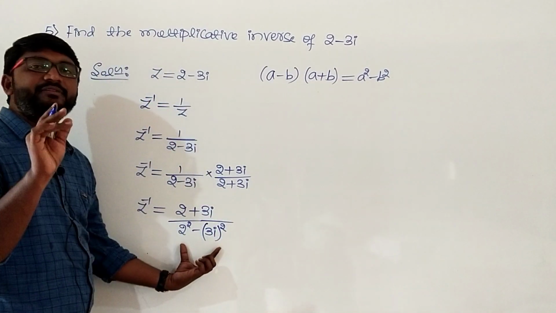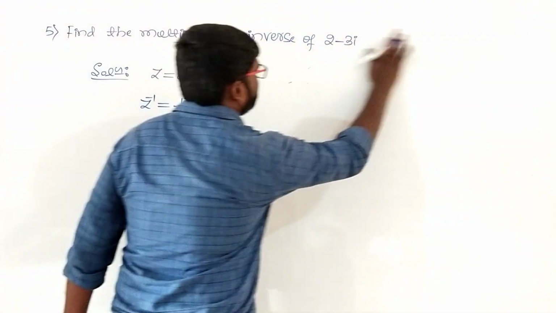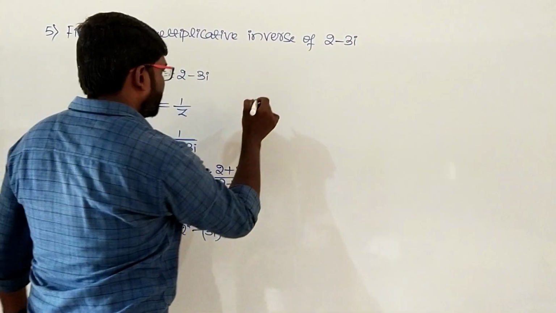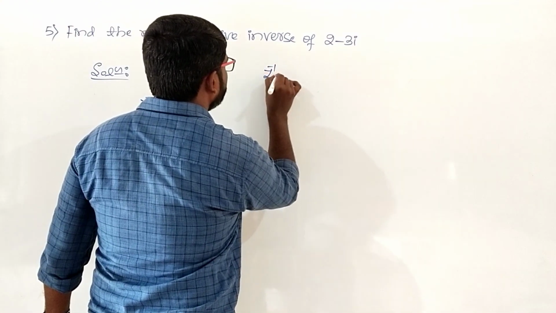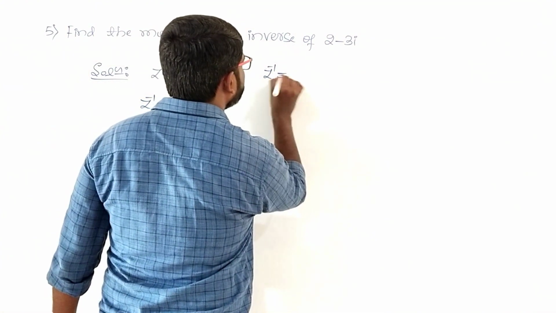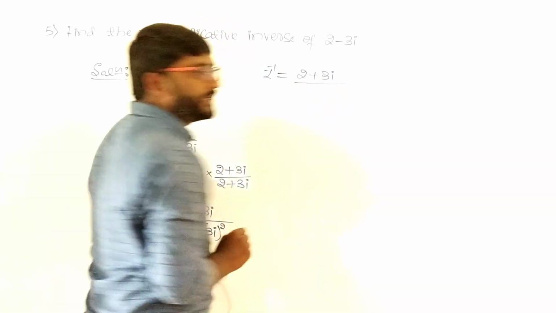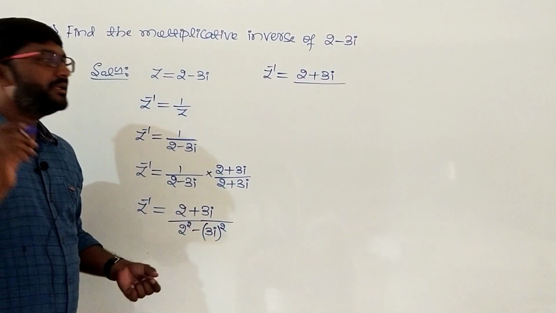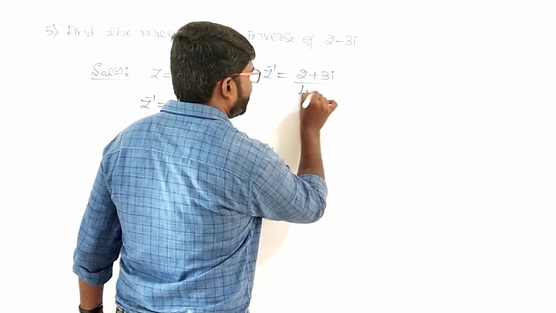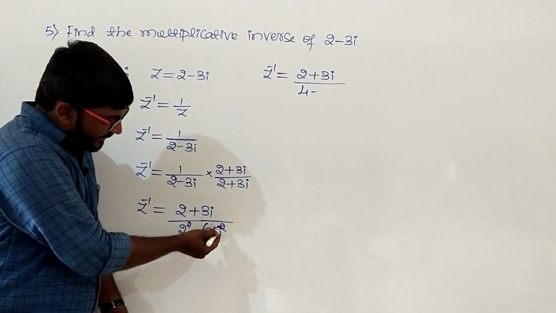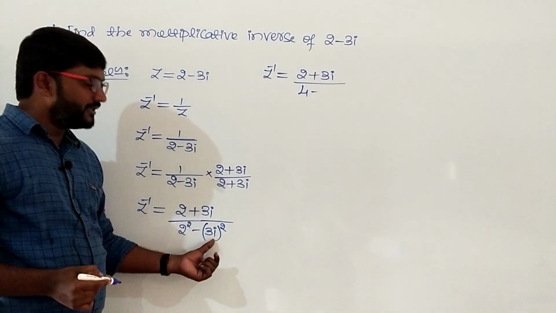Now we will have to simplify the denominator. Z inverse is equal to, I write the numerator as it is, 2 plus 3i, divided by, now 2 square will be 4, then minus. So here the square applies to the first term as well as to the second term.